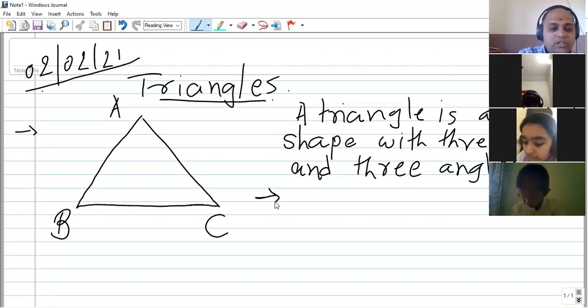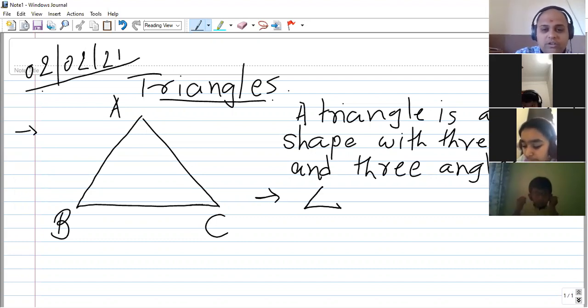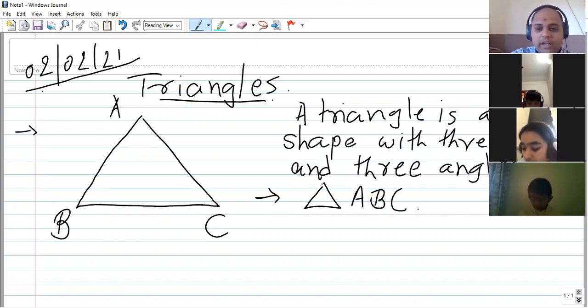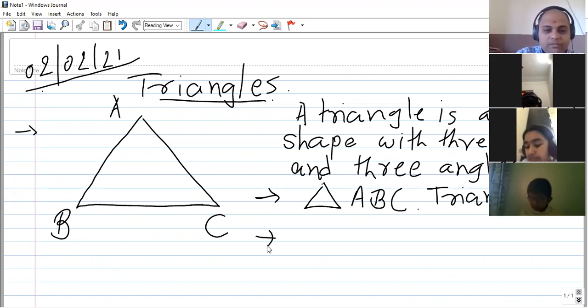So the one which we have drawn is called triangle ABC, and it is spoken as triangle A, B, C. It is made up of line segments.